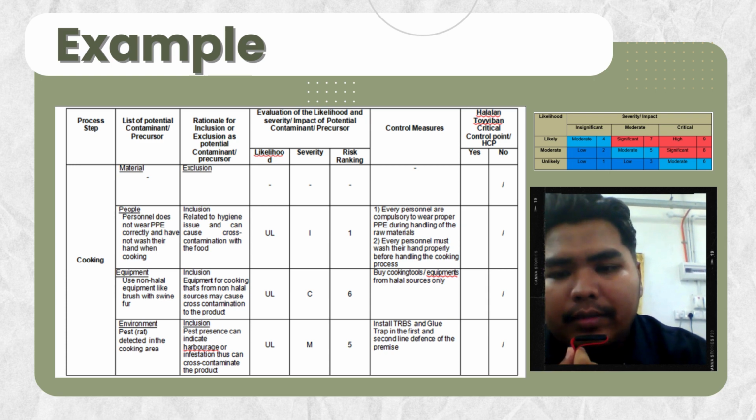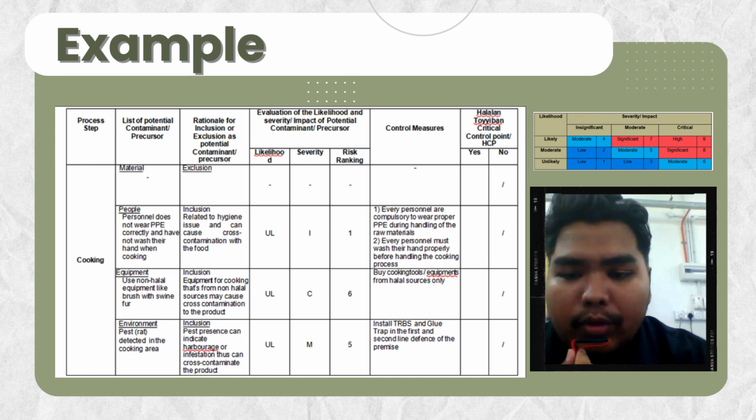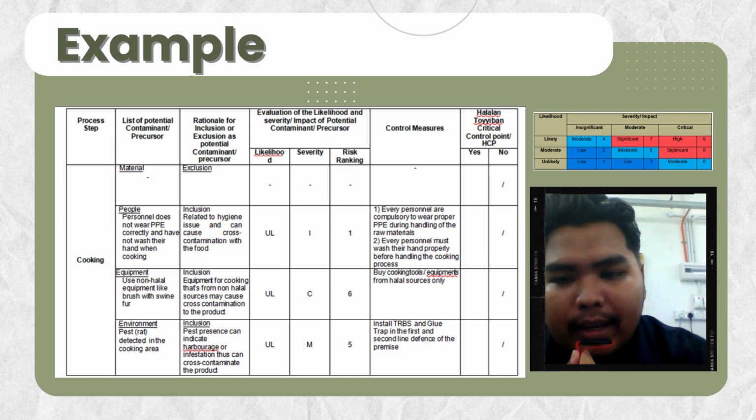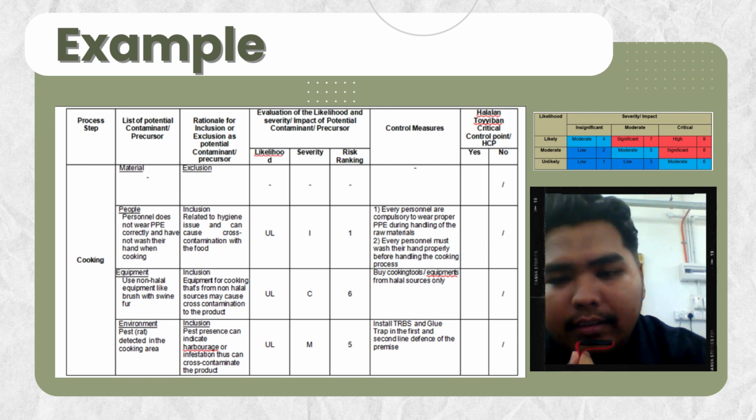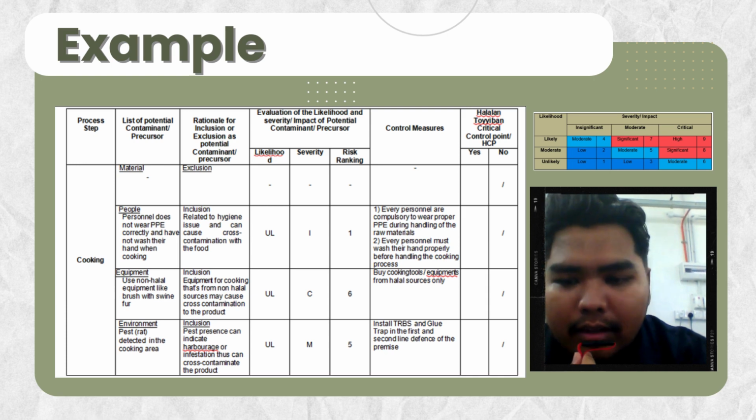And the likelihood of what will happen is unlikely, and severity is insignificant, and from the table, the risk ranking is 1, so it's not HCP. Same for the other two, equipment and environment.